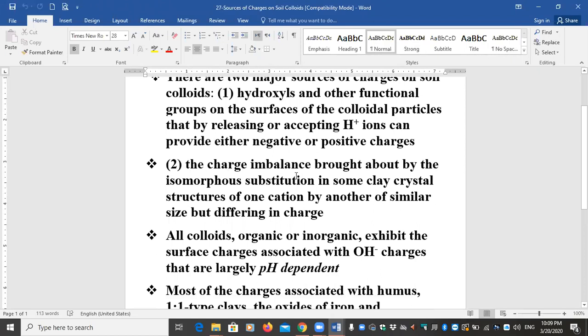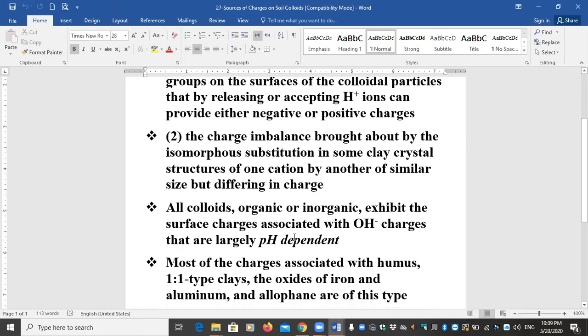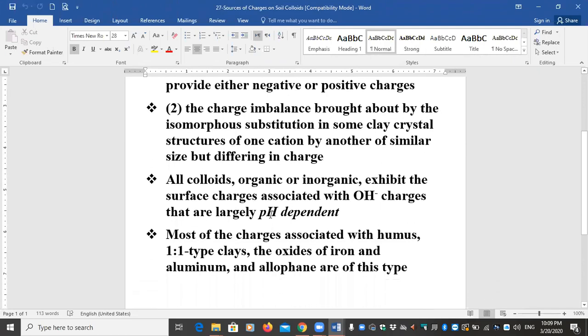Two, the charge imbalance brought about by the isomorphous substitution in some clay crystal structures of one cation by another of similar size but differing in charge. We already talked about this earlier, but we will talk about it again here. All colloids, organic or inorganic, exhibit the surface charges associated with OH groups that are largely pH dependent.